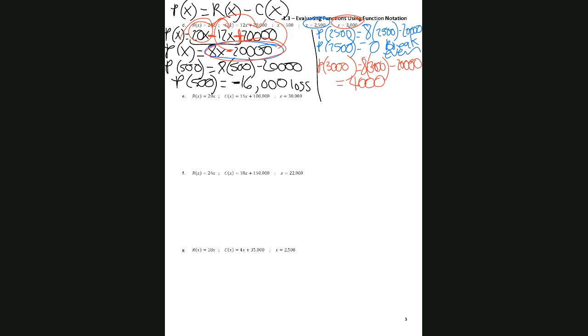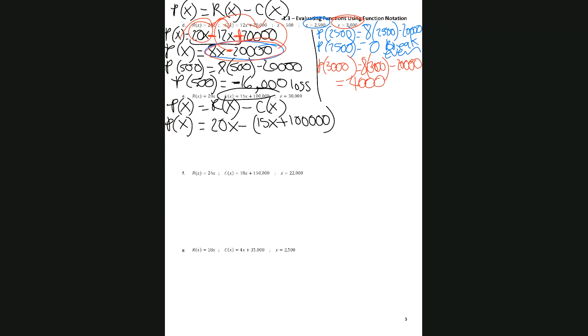Okay, so for the next ones, I'm just going to go ahead and find the equation. Well, we only have one x value. Maybe we'll have time to do it. So this very first one, we have profit. Again, it's the same as the revenue minus the cost. And the profit in this case is going to be 20x for revenue minus, and I'm going to put this whole equation for cost in parentheses, just so that I do not forget to distribute my negative sign.